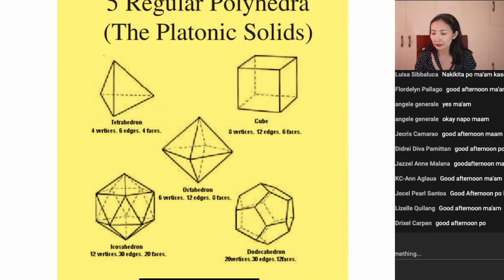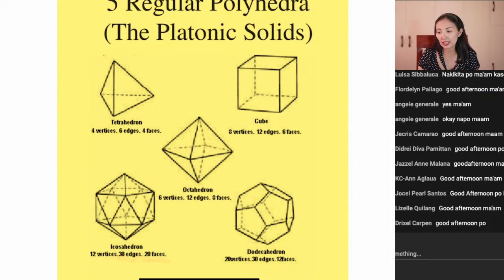Next, we have the octahedron. There are 8 faces, 12 edges, and 6 vertices. Next, we have the icosahedron consisting of 12 vertices, 30 edges, and 20 faces.